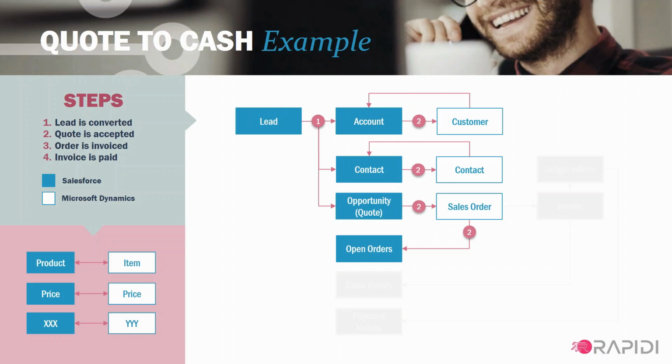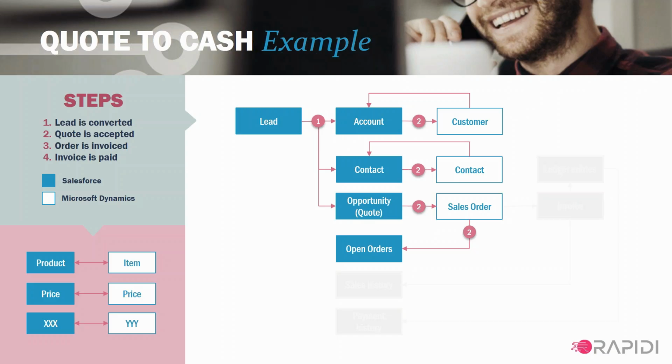What we do is that the second we have created a new sales order inside of Microsoft Dynamics, we synchronize that information back into an object called open orders in Salesforce that can be linked to either an account or an opportunity or both. And that helps the salespeople to see directly in Salesforce what is the status of any given open sales order for this account.